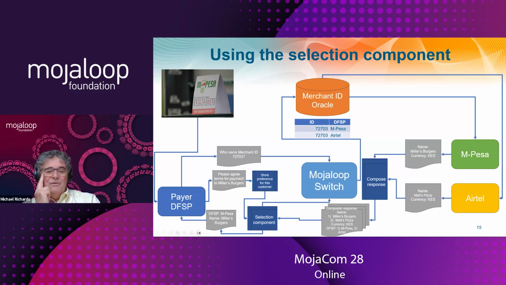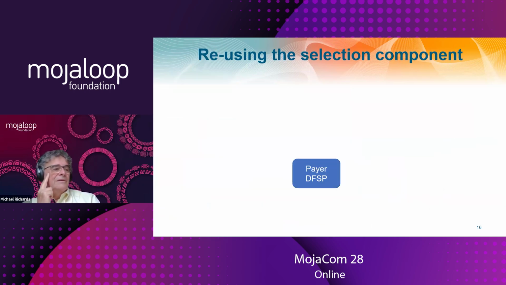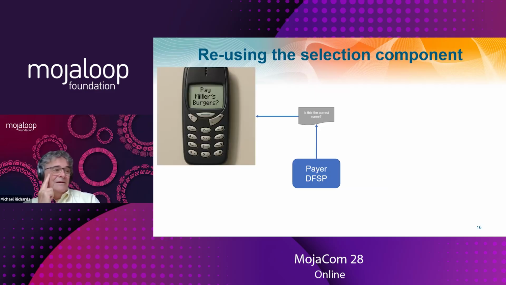When we come to reuse the selection component, we can see that the payer DFSP asks the customer, is this the correct name? And it asks by putting something on the phone, do you want to pay Miller's Burgers? Customer says, no, it's not.